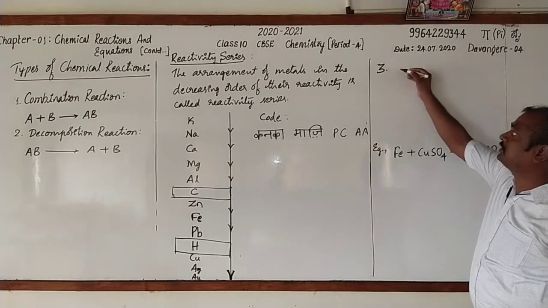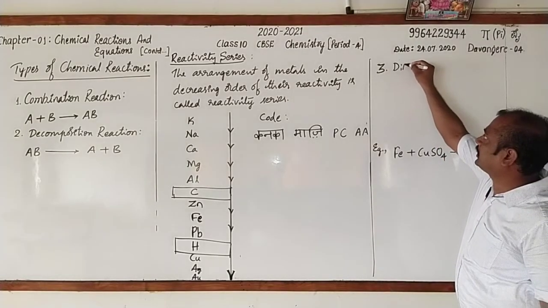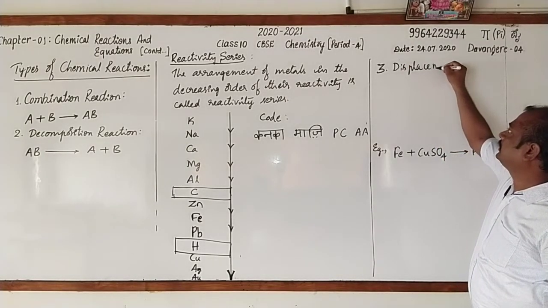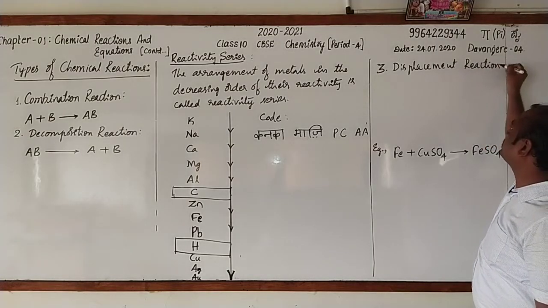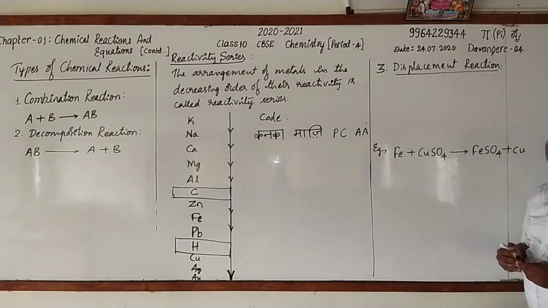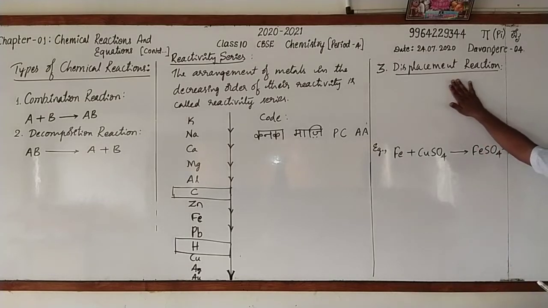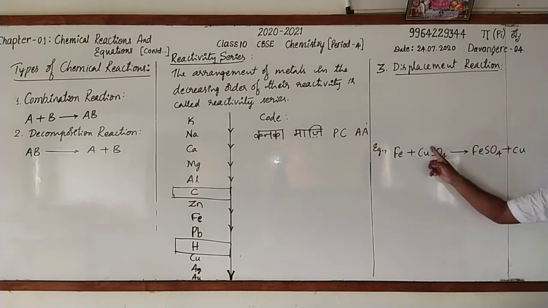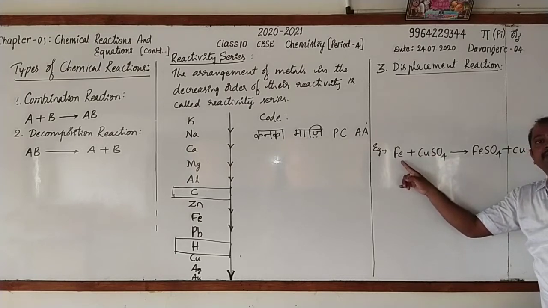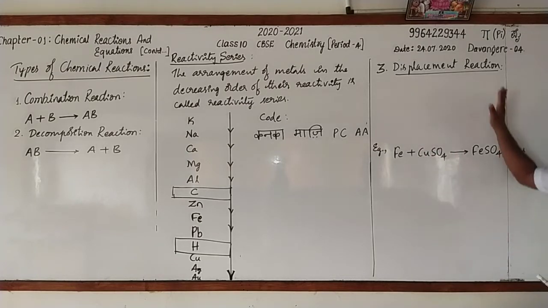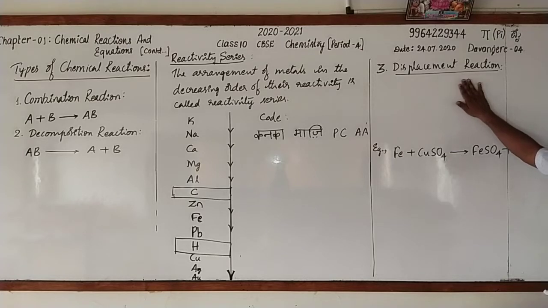Therefore, this reaction is called, you are right, very good, displacement reaction. A chemical reaction in which an element present in a compound is displaced by another element which is more reactive is called displacement reaction.